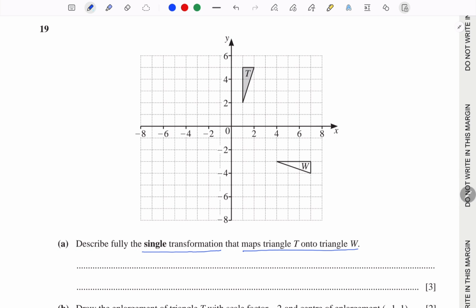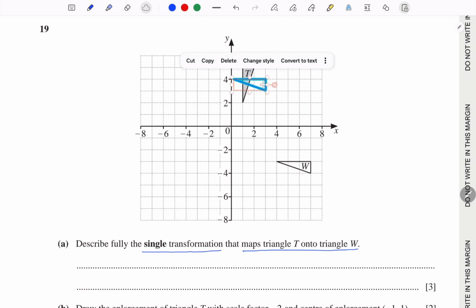Let me just draw the outline of triangle T first. Here I have drawn the outline of triangle T. Now, if I rotate this triangle 90 degrees clockwise, see, this was my original triangle T, and I am rotating it clockwise 90 degrees.